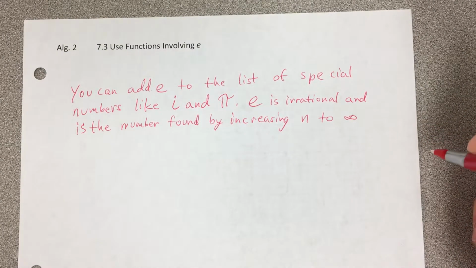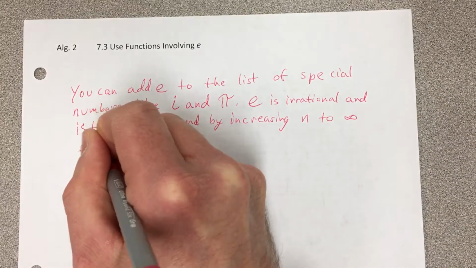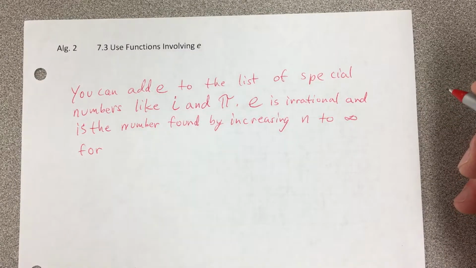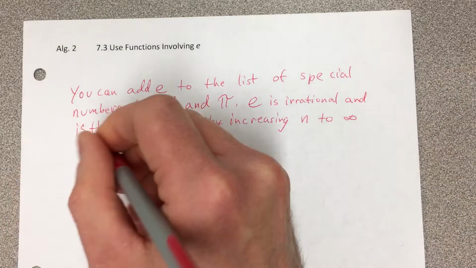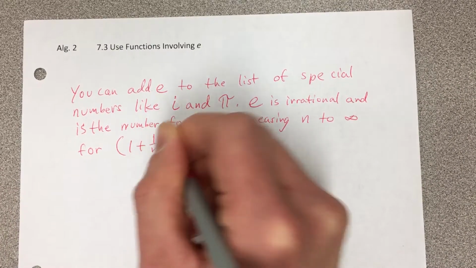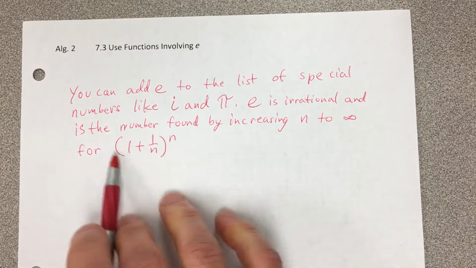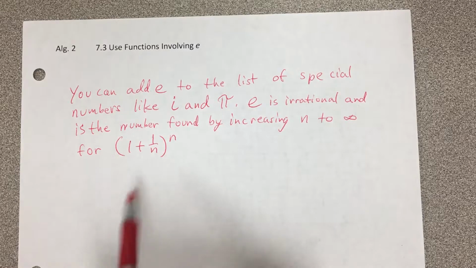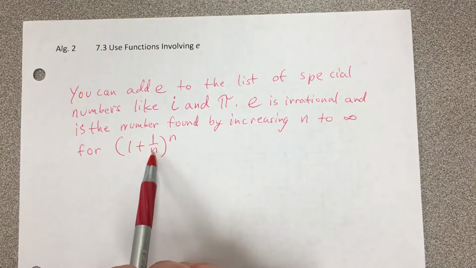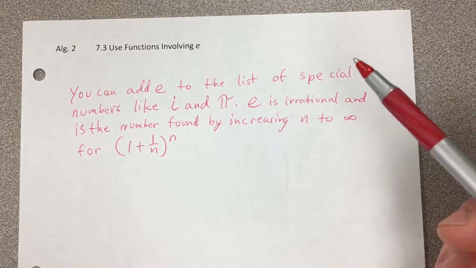It's the number found by increasing n to infinity, but it's actually for just a component of that compound interest formula. So if you take 1 plus 1 over n, to the n power, now notice that's found in the compound interest formula, but if you raise n to infinity, you approach the value of e.